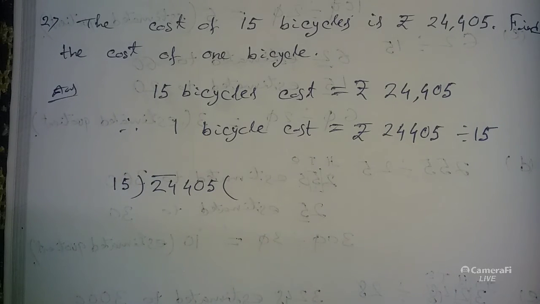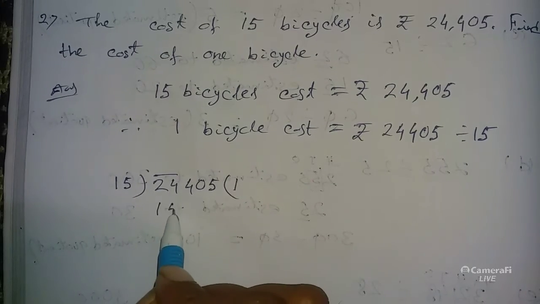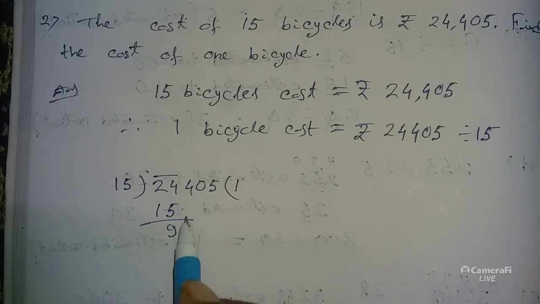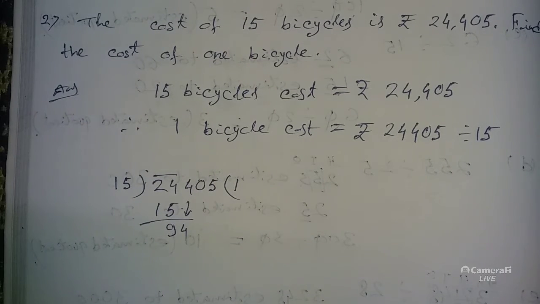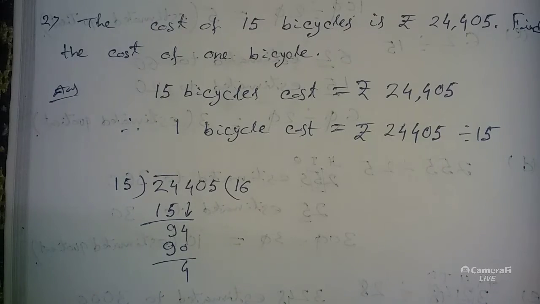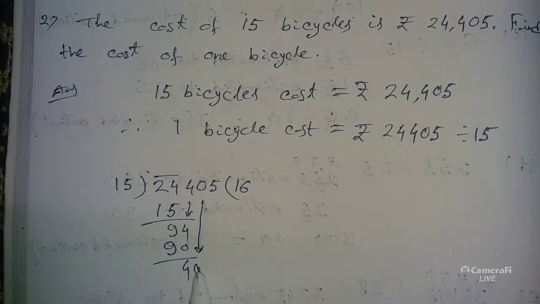Take 2 digits, 15 1s are 15, 15 2s are 30. So 1, 15, subtract, 9. Take the next digit 4, 94. 15 6s are 90, 15 7s are 105. So 15 6s are 90. Subtracting we get 4. Now take the next digit 0.